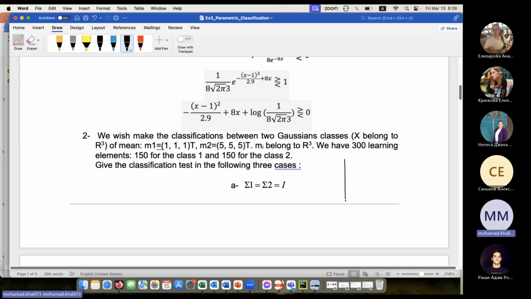In the space R3, that means I have x1, x2, and x3. This is 1, 1, 1 and this is 5, 5, 5. Around 1, 1, 1, I have Gaussian data.